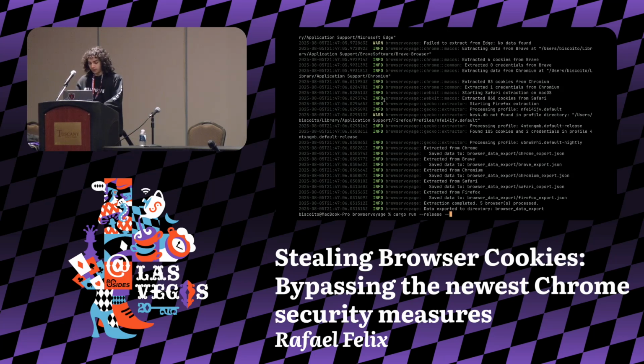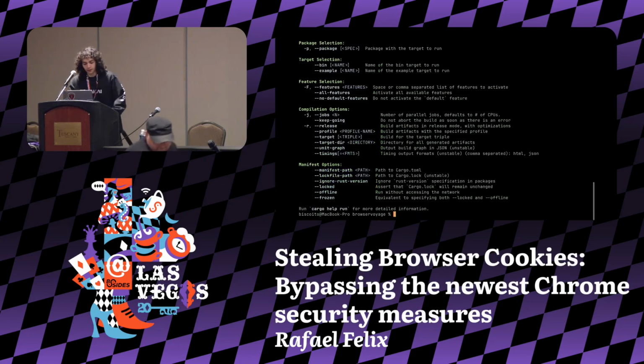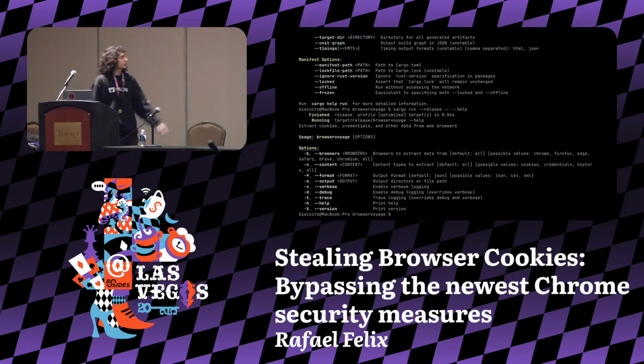Of course, you have a command line interface here. So yeah, you can set which browsers you want to extract, and the content that you want to extract: cookies, credentials, history, or all. In this case, history is not yet implemented, but it's very easy.